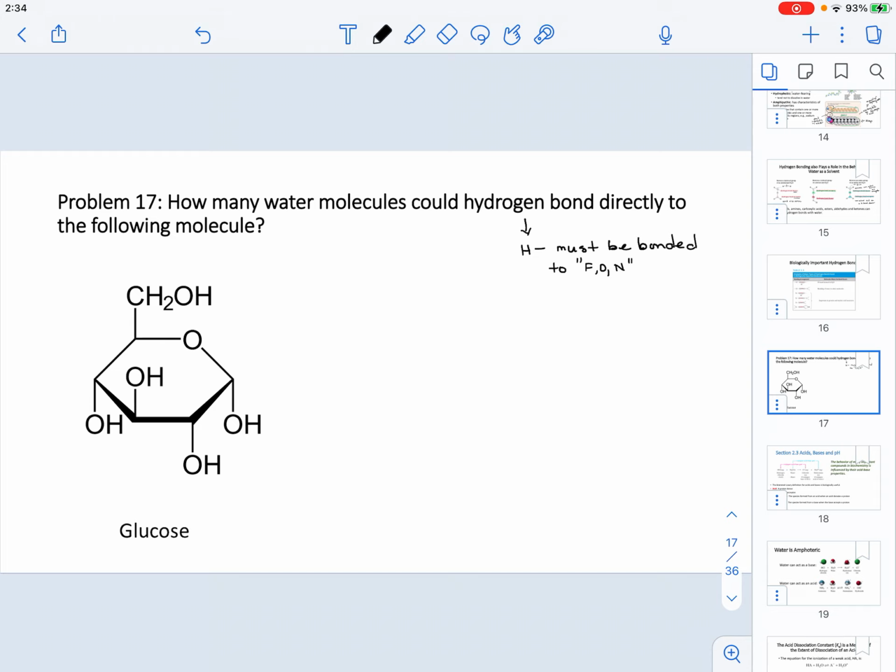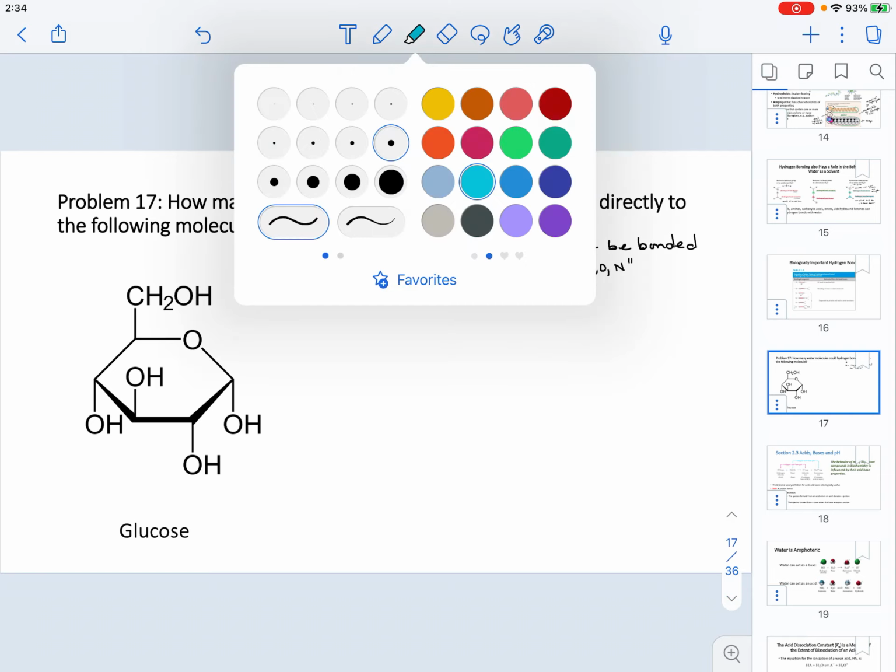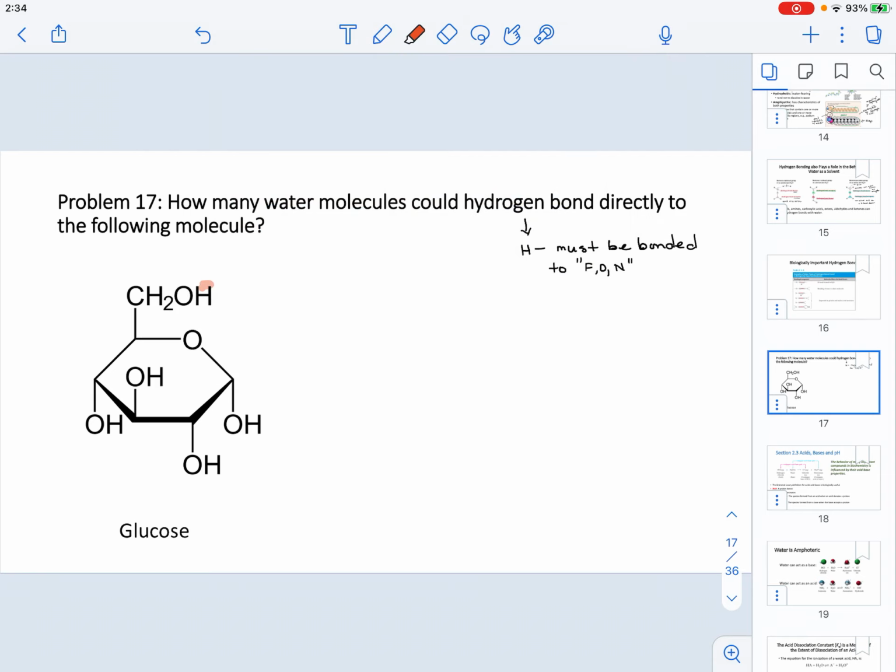When we look at our molecule of glucose, we see that we have 1, 2, 3, 4, and 5.